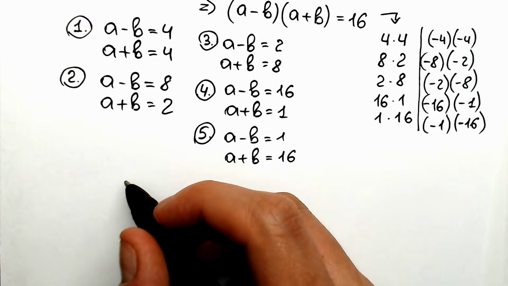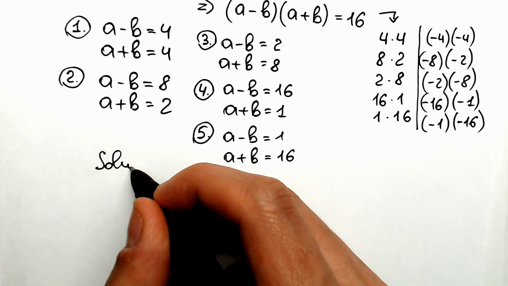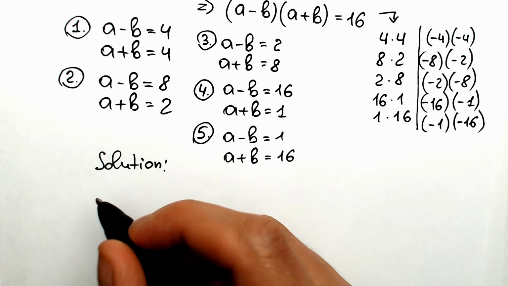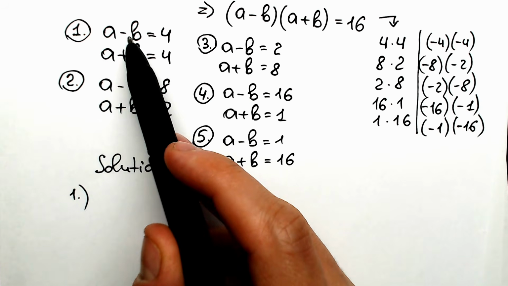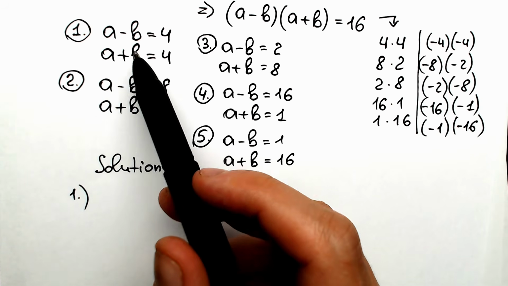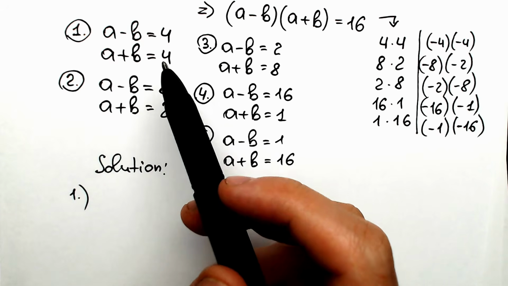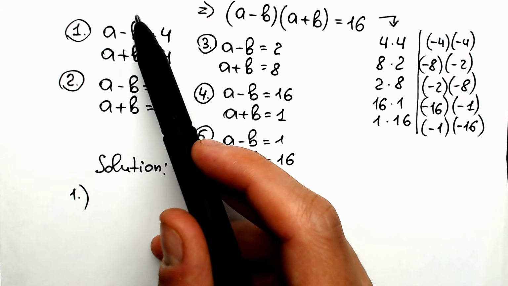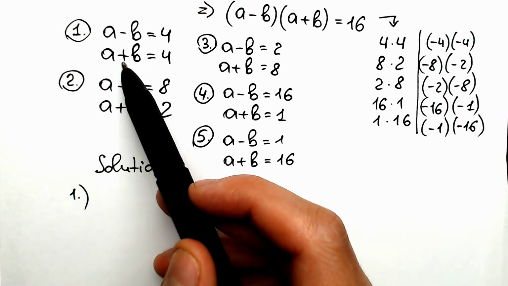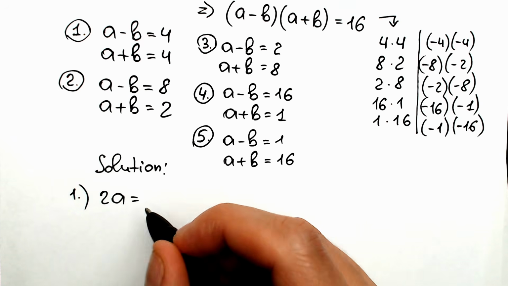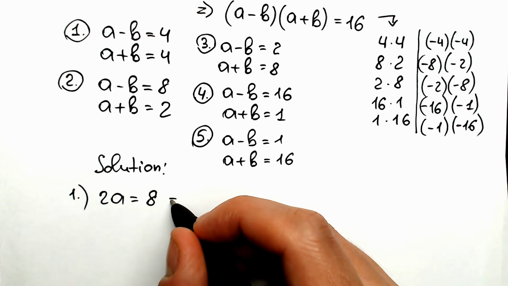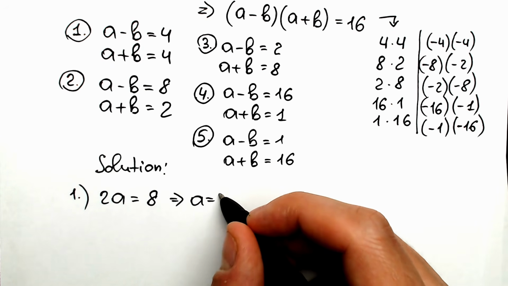First of all, let's write our solution right here. Our first system of equations: a minus b equal to 4, a plus b equal to 4. The best method to solve all these systems of equations is to use addition. So when we add them, we can cancel this b. So we have 2a equal to 8. And from here, our a is equal to 4.